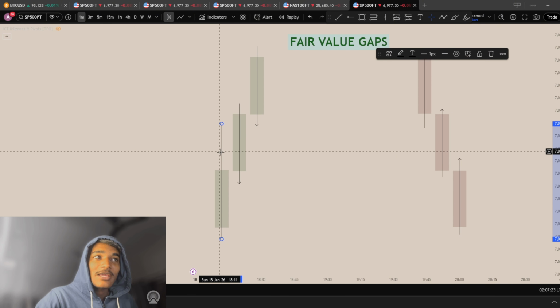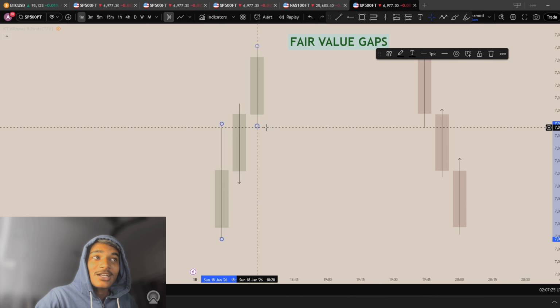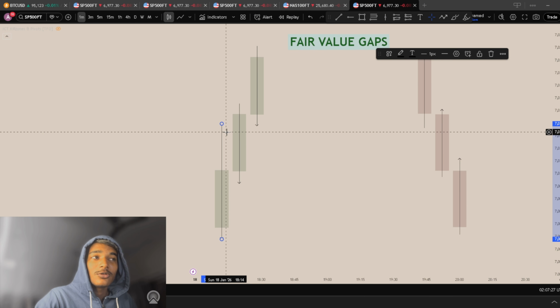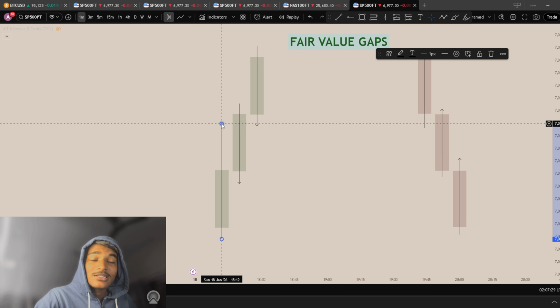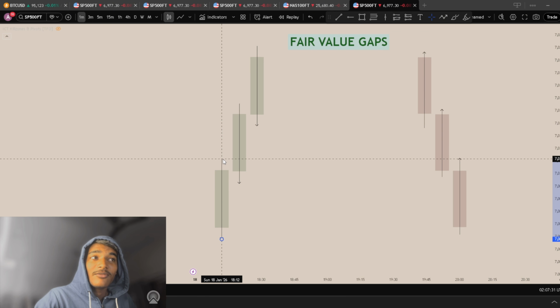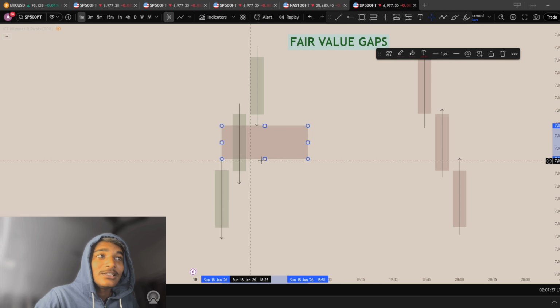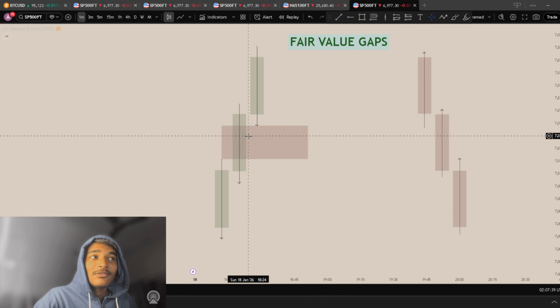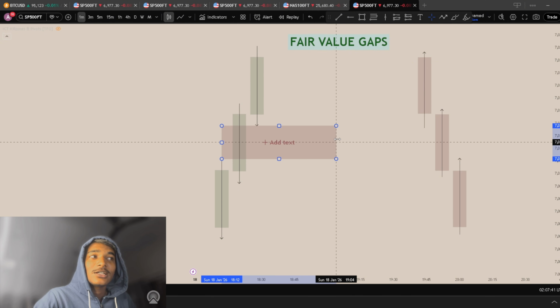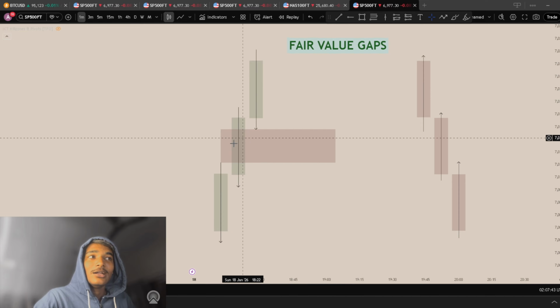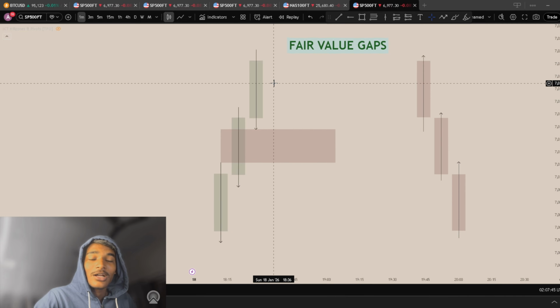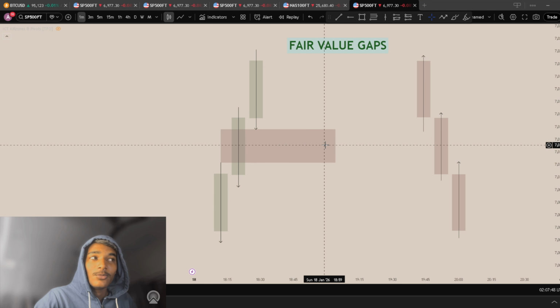If the wicks are touching, there is no gap, so there is no imbalance, and hence there is no fair value gap. But if the wicks are like this, you can see there is a gap in between the candles, so this is a fair value gap, and the market is moving up, so this is an example of a bullish fair value gap.